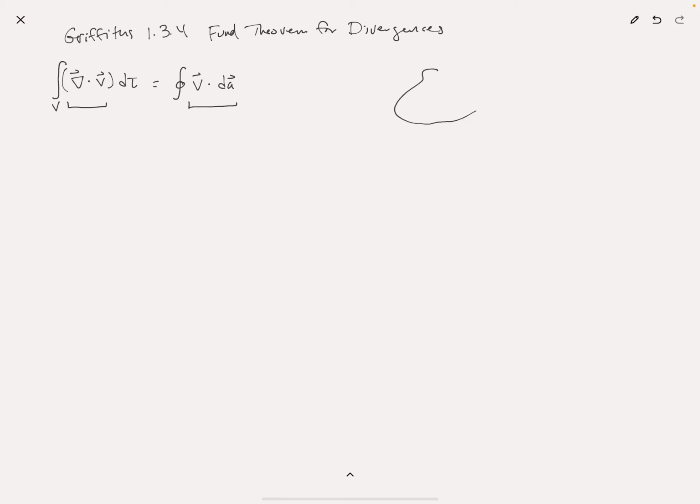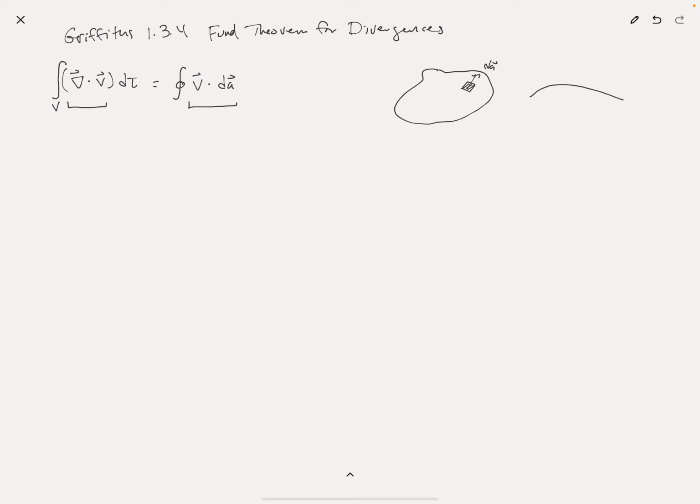So here's some surface. My dA is some infinitesimal patch on that surface. dA points perpendicular to that surface, and v dot dA is going to capture all of the field lines that are leaving perpendicular to that surface.